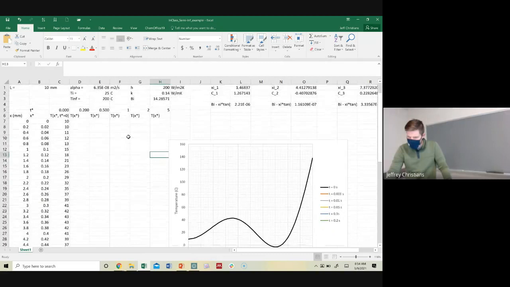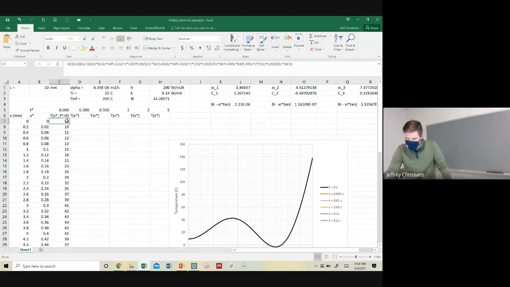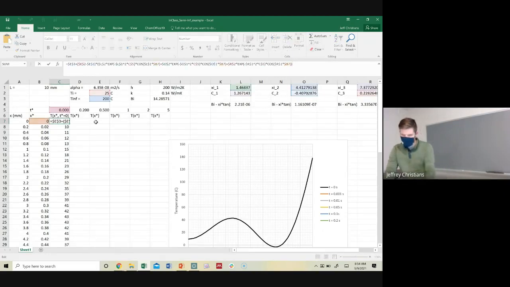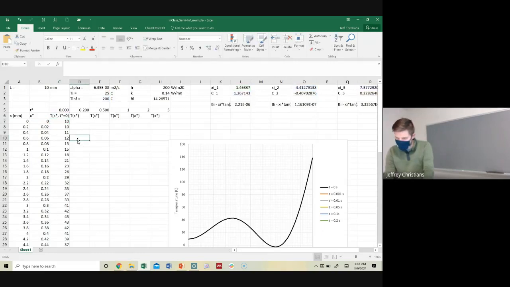I'll have to mess with that a little bit. Okay, so I'll mess with this and figure out exactly why that's doing what it's doing. And I'm sure it's a parenthesis issue, but I can't see it right off the top of my head.